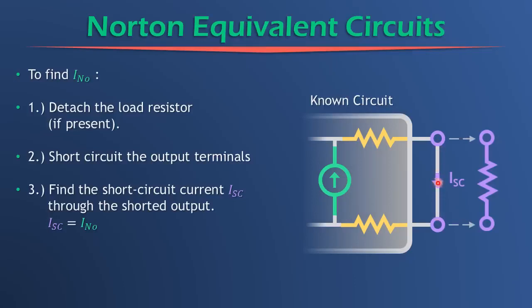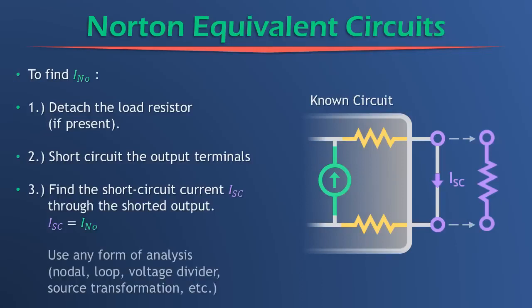Whereas before we found the open circuit voltage between those two terminals, now we're finding the short circuit current. You can use any form of analysis to find it: nodal, loop, voltage divider, whatever is the quickest and easiest, or whatever you understand best.